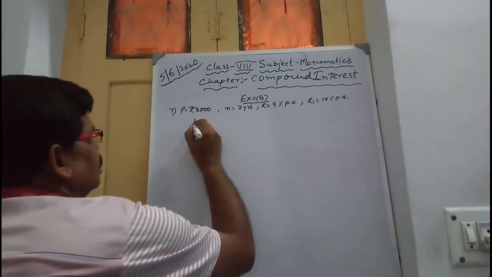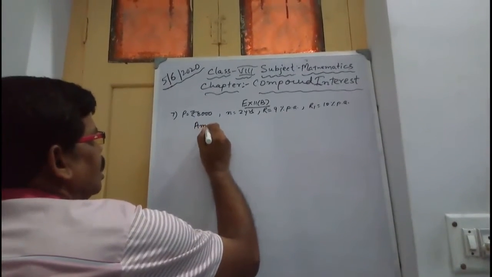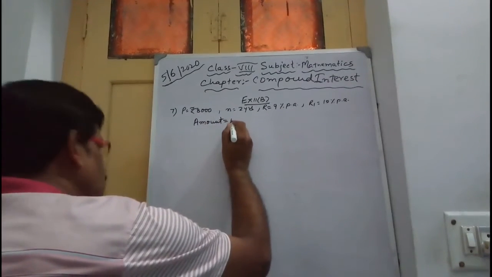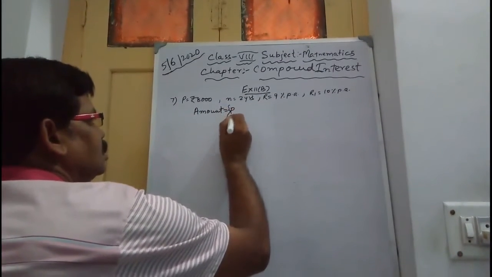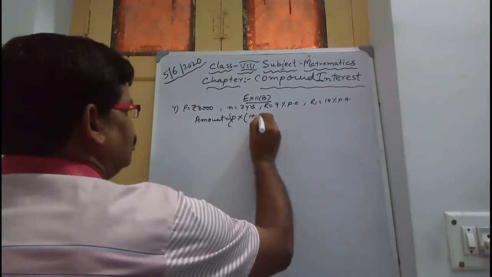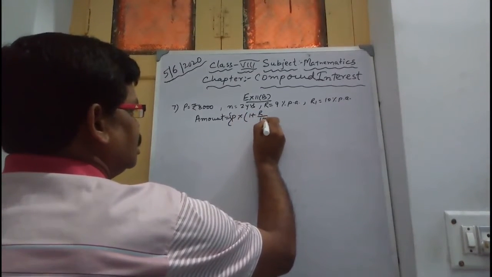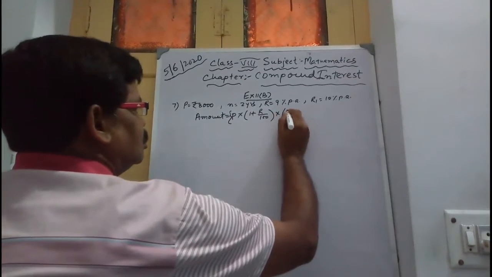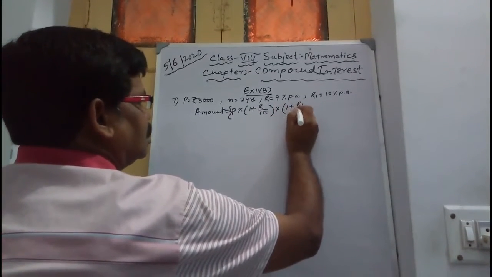So let's see, amount equal to P into 1 plus R by 100 into 1 plus R1 by 100.